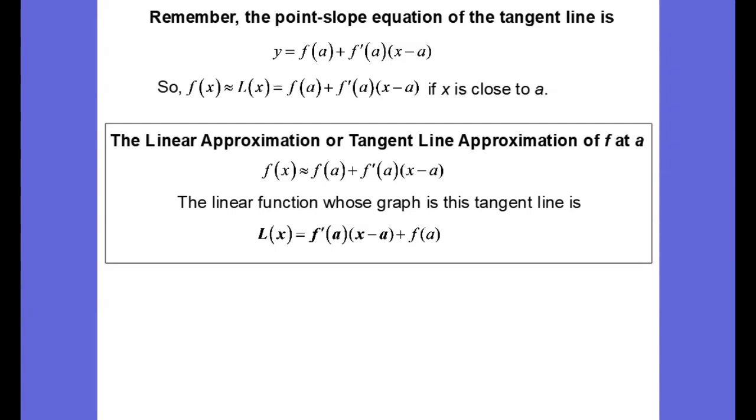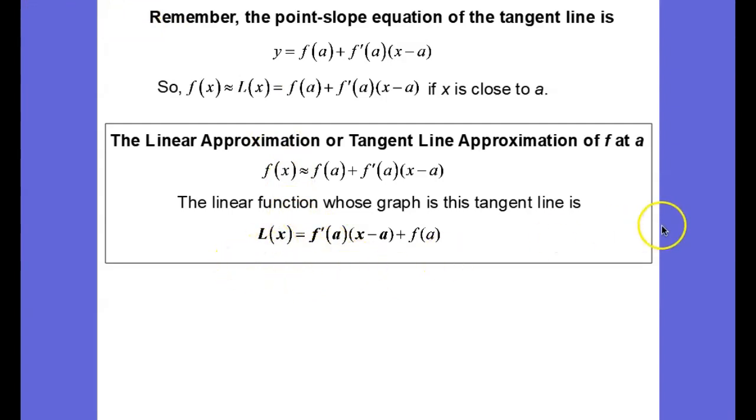And so if we have the derivative at a particular point, we have a slope, and if we have the point, it's very easy for us to derive a tangent line. And now for any value of x that is in the neighborhood of a, we can use our linear equation in terms of the slope f prime of a to find an approximation.